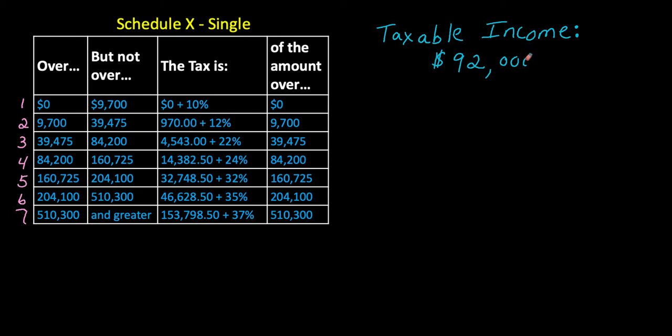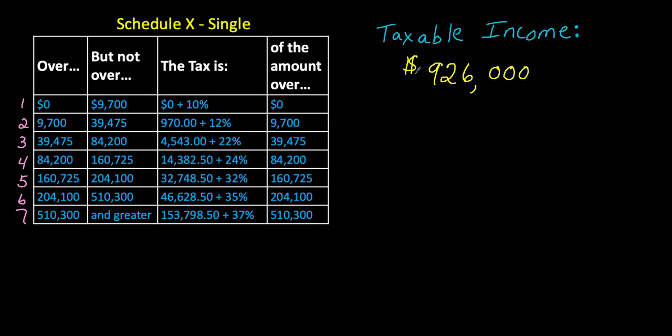Let's say another person, they're very happily single as well, and their taxable income was $926,000. How much federal tax does this person owe? Why don't you pause the video and give this a shot?